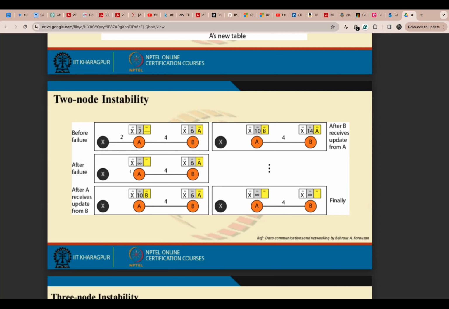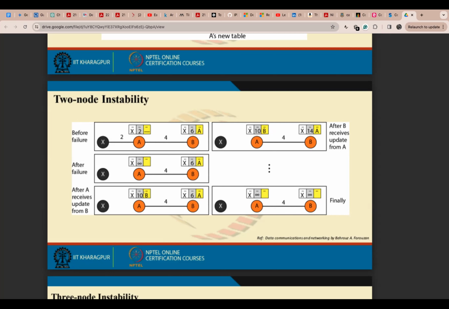If this connection breaks, this will be infinite, and then A will look at B: the cost of going to X through B is 6. So A will update that if I go to B as the next stop, then come to A, then go to X, the cost will be 6.